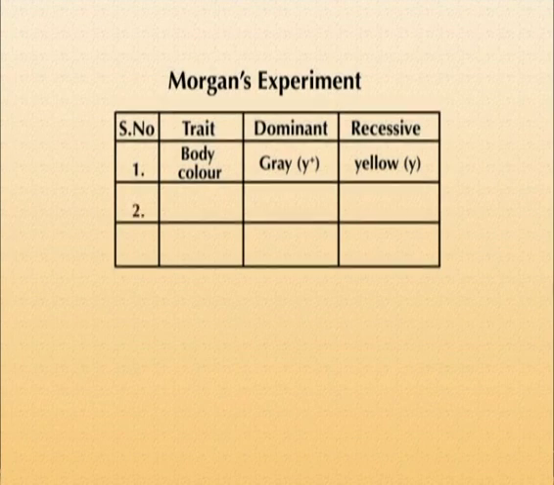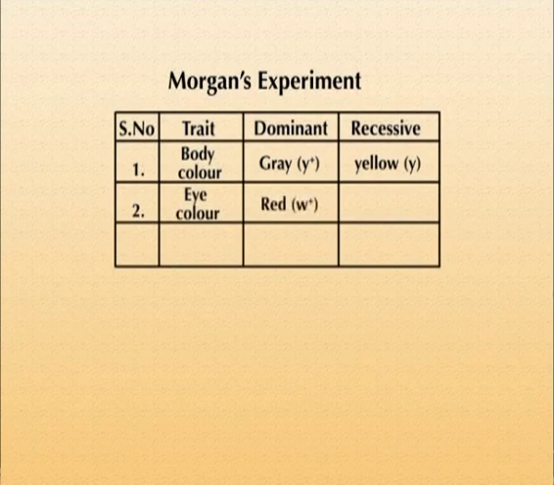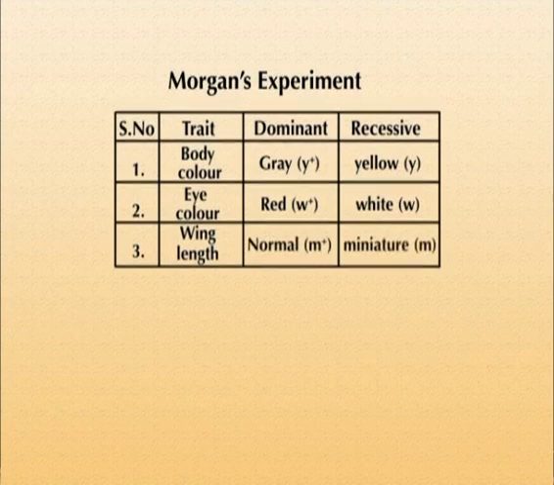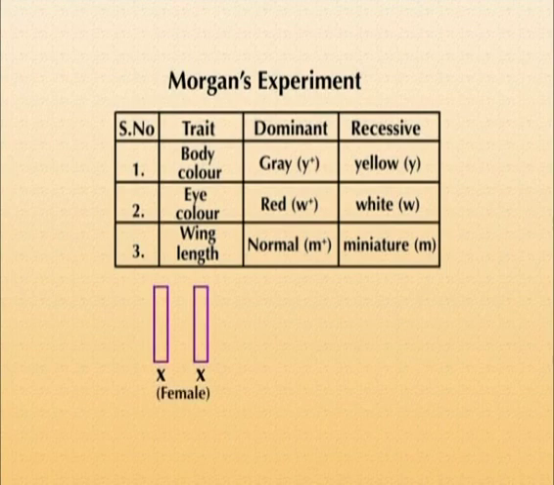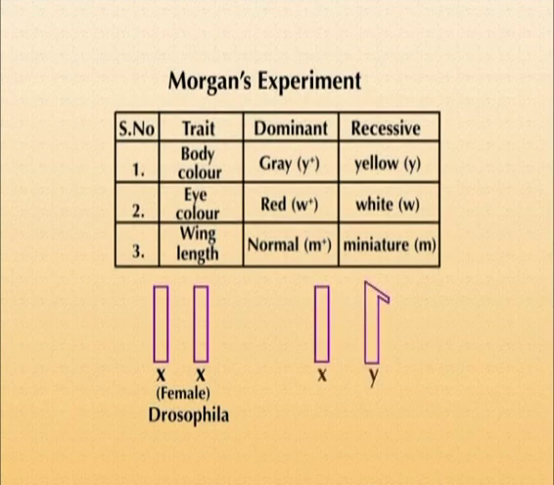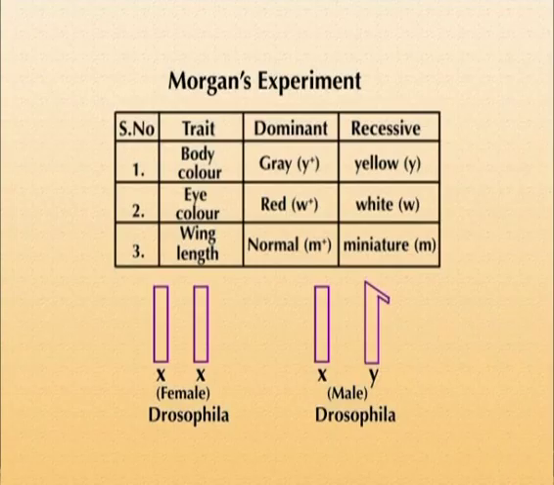In case of eye color, red eye is dominant over white eye. In case of wing length, normal wings are dominant over miniature wings. It may be noted here that females have two X chromosomes, that is, XX condition, while male Drosophila have only one X chromosome, that is, XY condition.